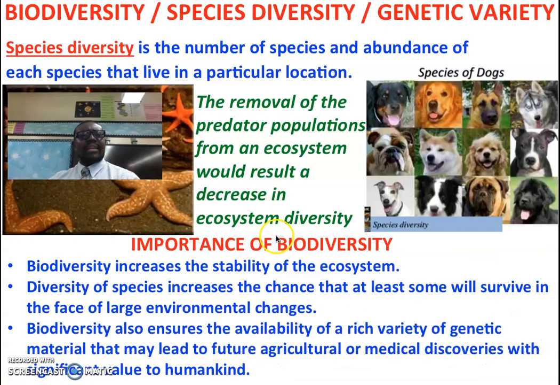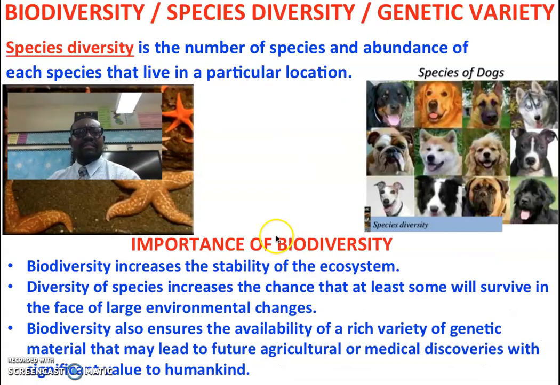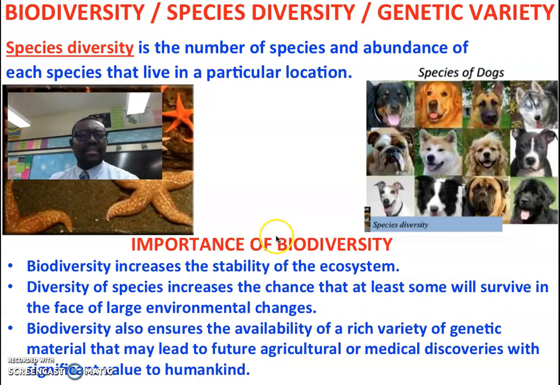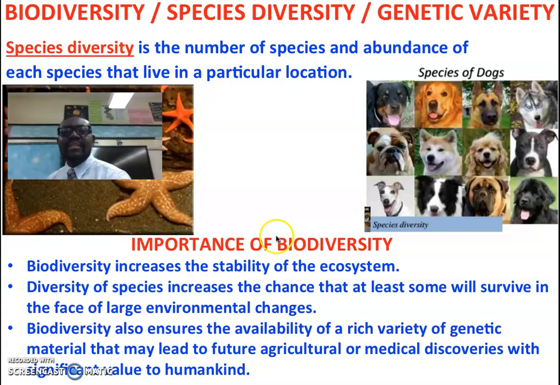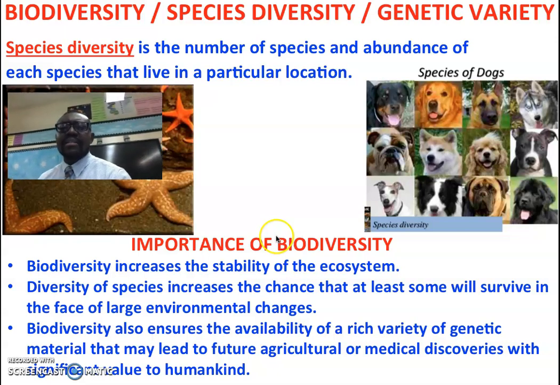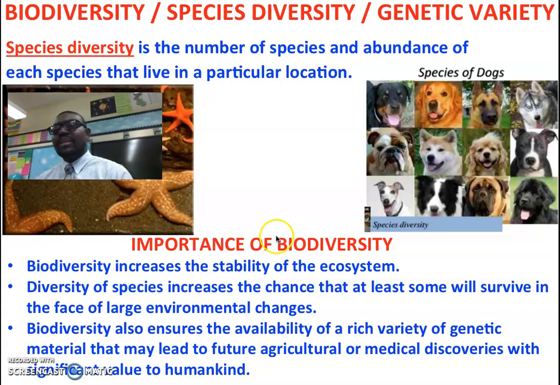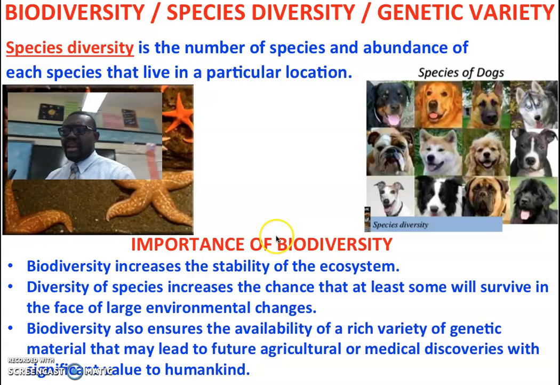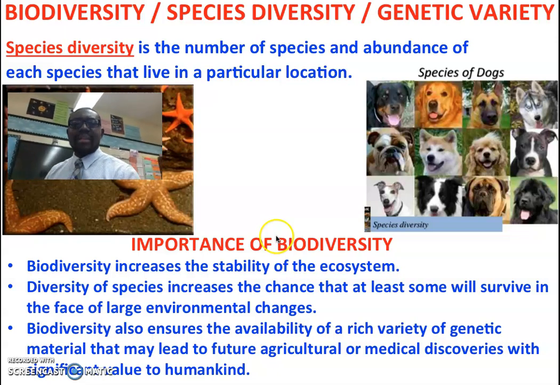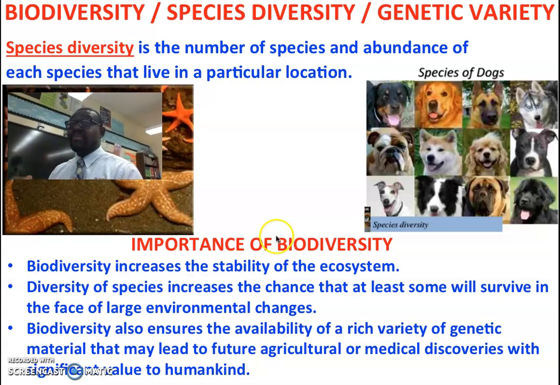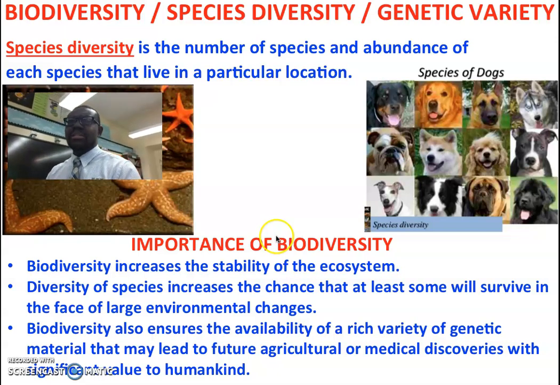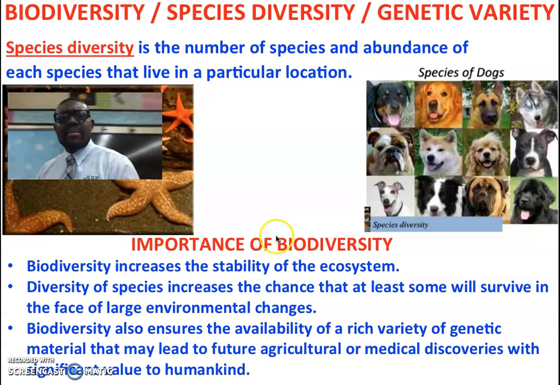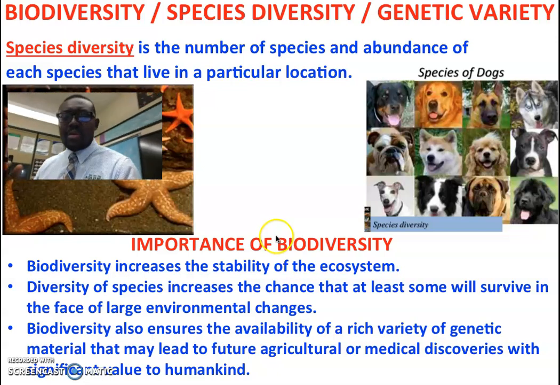All right, so we started with biodiversity. Biodiversity simply means the number of species and the abundance of each species that live in a particular area. We have the importance of biodiversity. Biodiversity is very important to the ecosystem because biodiversity increases the stability of the ecosystem.